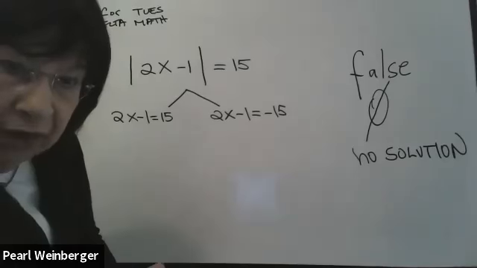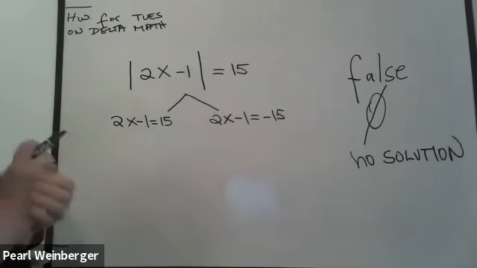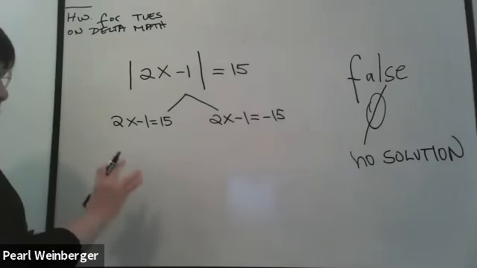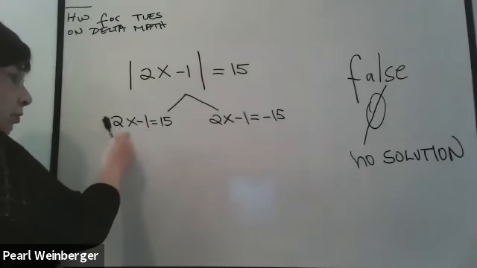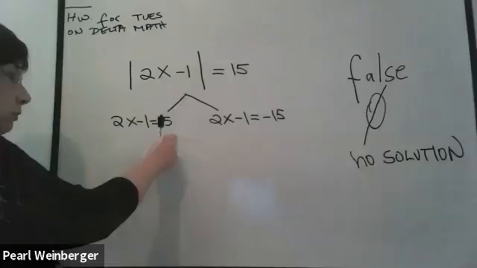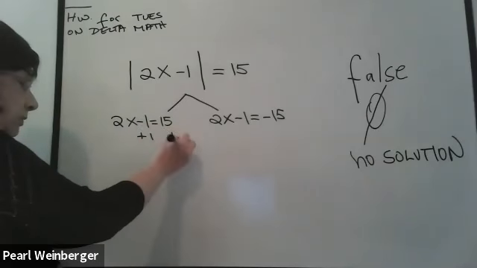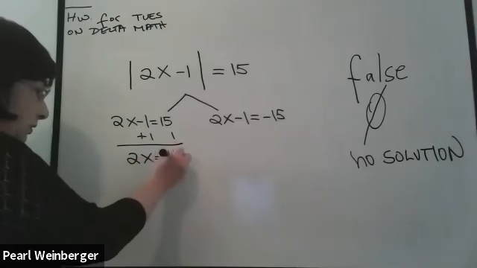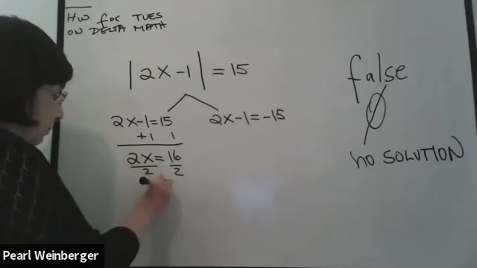I want to know what values would make this a true statement. Well, first let's solve this equation. Neither of these equations is too hard. In order to do 2x minus 1 equals 15, I'll add 1 to both sides. That'll give me 2x equals 16, and that would be 8. So that'll give me x equals 8.